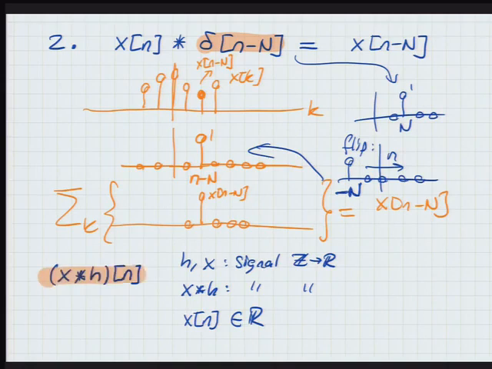X star h is a signal, and when I put the n, it's the value of that signal at time n, right? But sometimes you'll see me doing this. And if you're a mathematically advanced person, you may not like this. Really, I mean the same thing as x star h at time n with this expression.